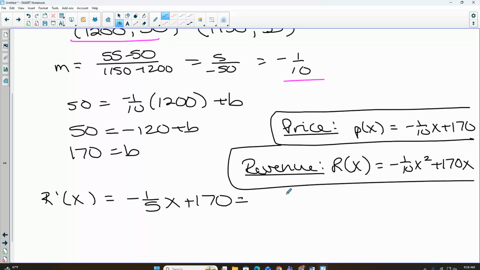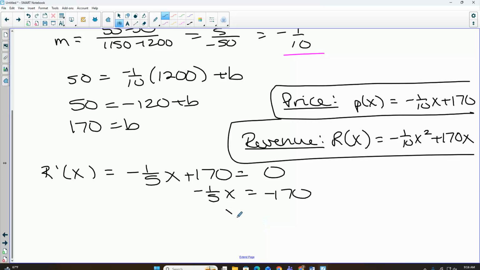Maximums and minimums happen when the derivative is 0 or undefined. If I multiply by -5, I get 850. Okay, that's the number of tickets. What question did it ask?